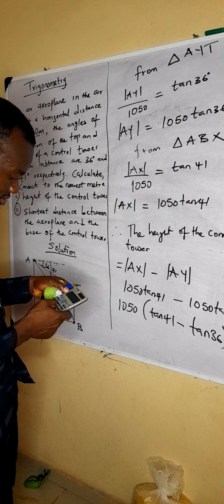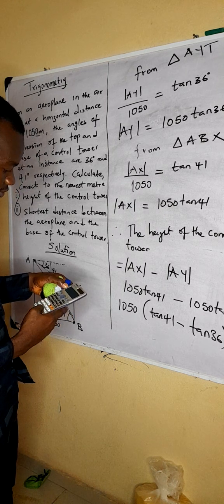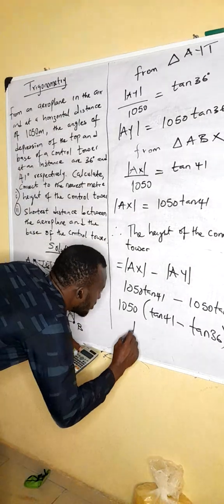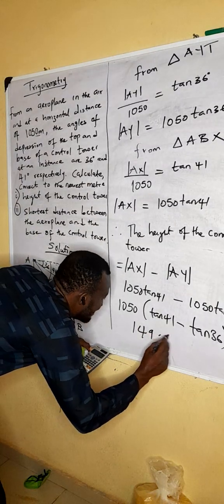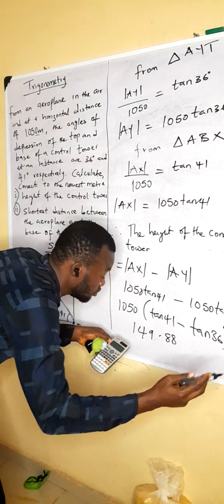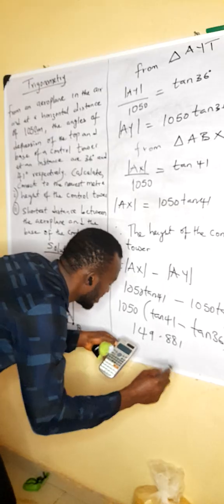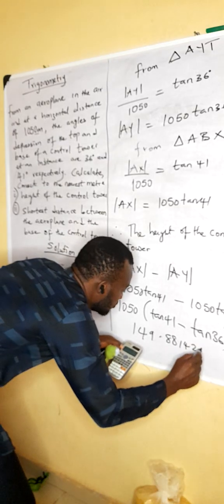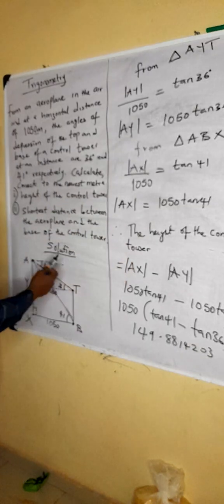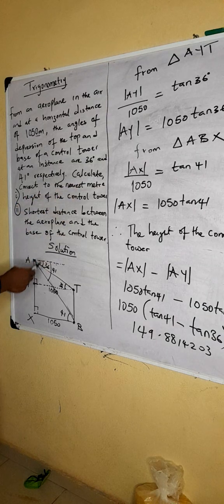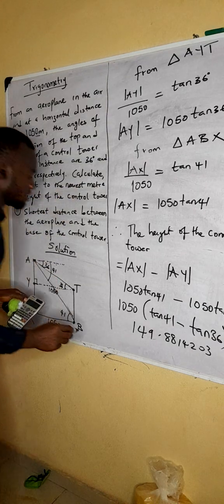We press equal to, and that will give us 149.88, that's 2 decimal places. The full value is about 149.88142203. But the question says we should approximate correct to the nearest meter.